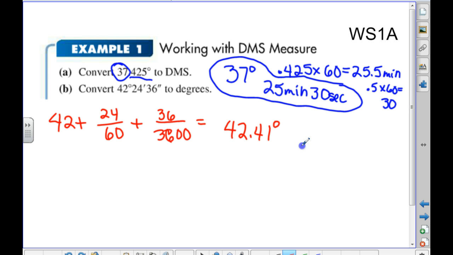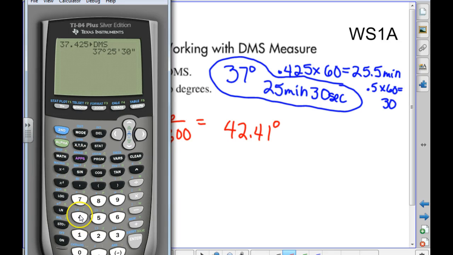Now, let me show you how we would do it on the calculator, which I think is far more time consuming. But you would type in 42, and then you would go second angle, and there's the degree symbol, and hit enter.